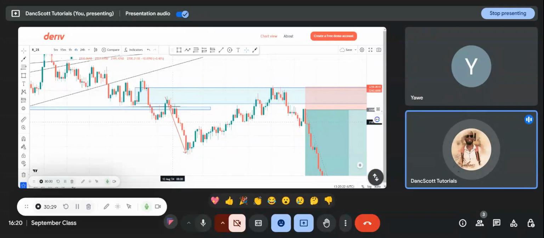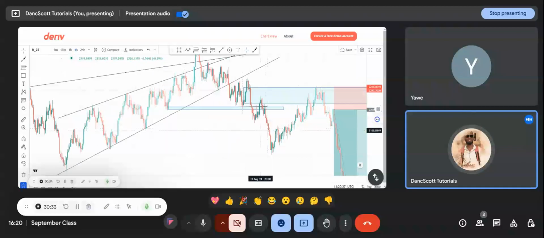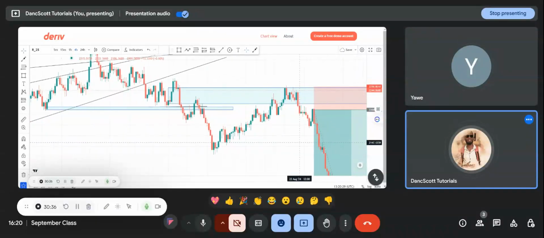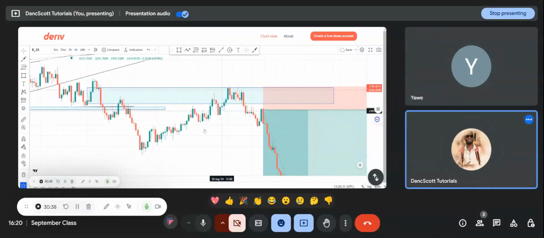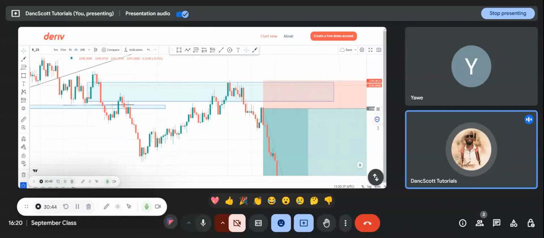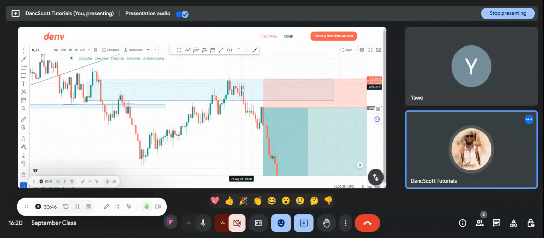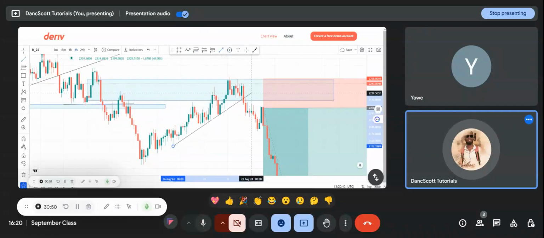So now let's look at another example. On this level here, well, this is expanding. Maybe I should even talk about expanding now that we're talking of expanding. There's also what we call the expanding rising wedge.